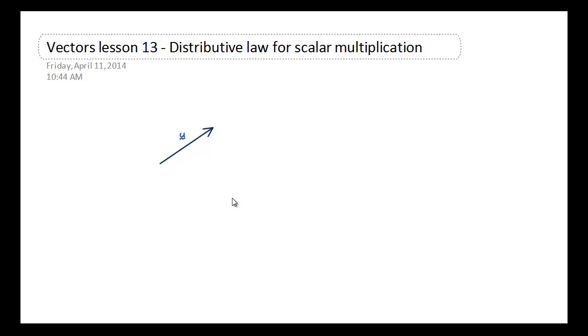Before we start talking about what the distributive law is, let's remind you guys what scalar multiplication is.